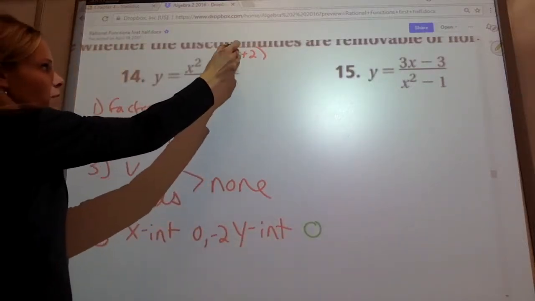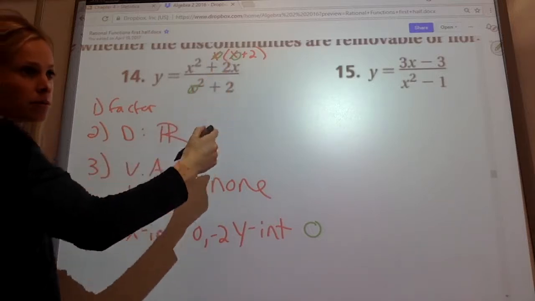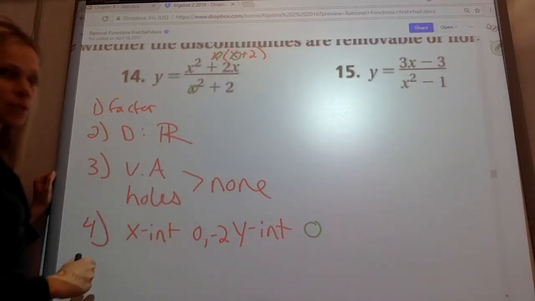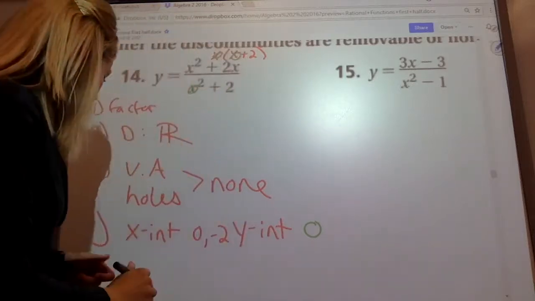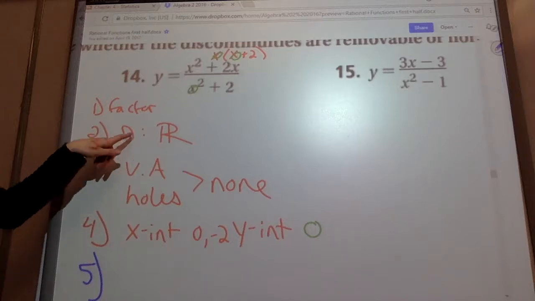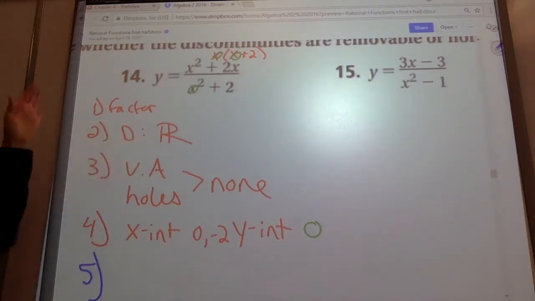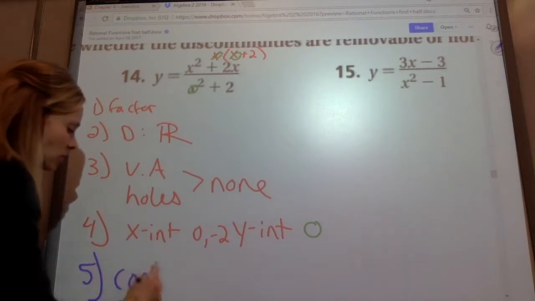Right? If you put 0 in for x and simplify and solve, that ends up equaling 0. Would this be continuous or discontinuous? Continuous, because domain's all real numbers. That means there's no break in my graph. So this is a continuous function.